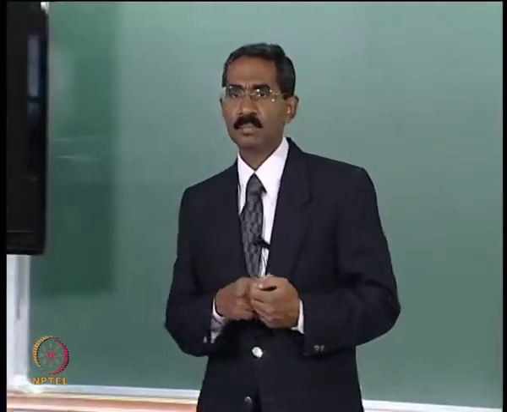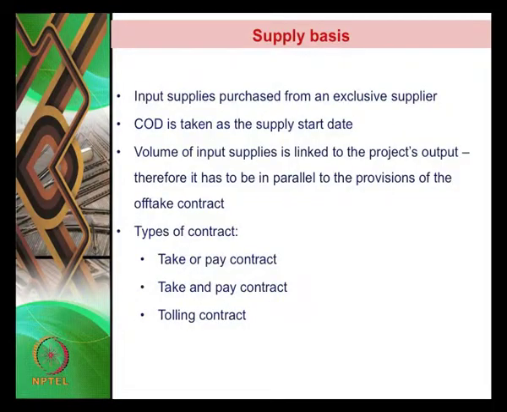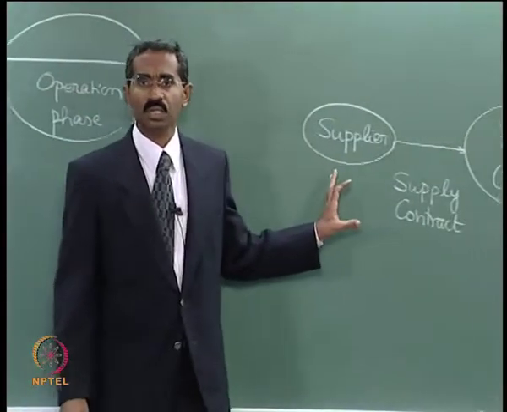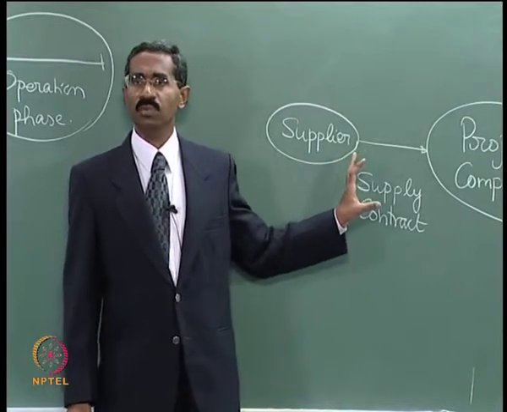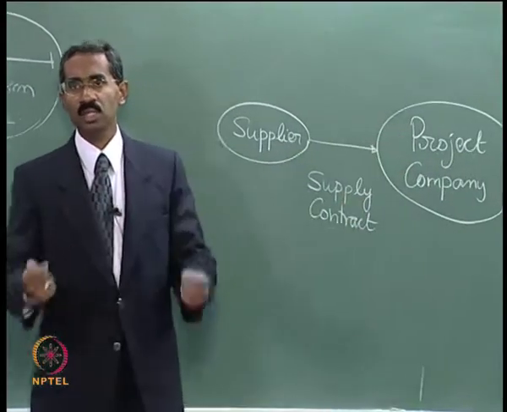So a tolling contract does not involve a purchase of supplies from the supplier. On the other hand, a tolling contract involves payment of fees for making the project available to utilize the supplies.